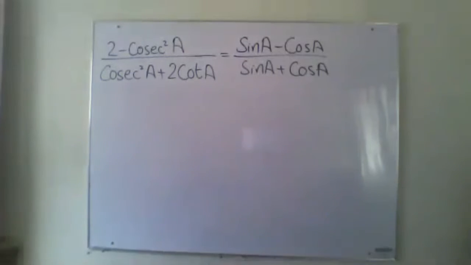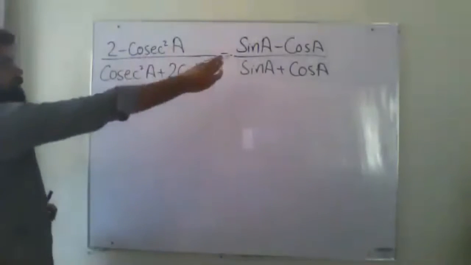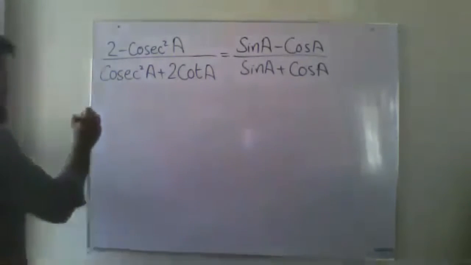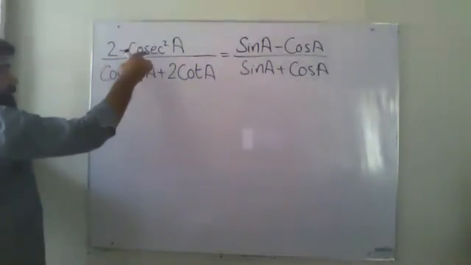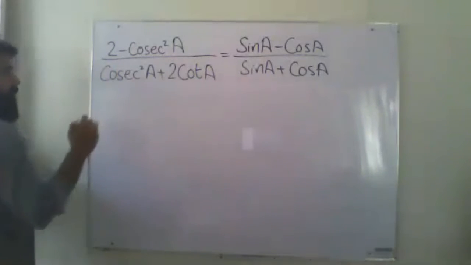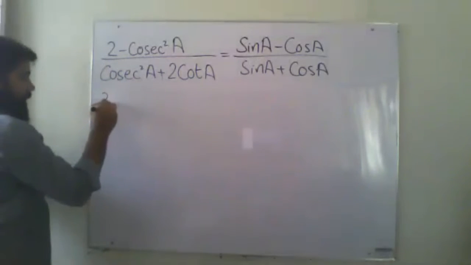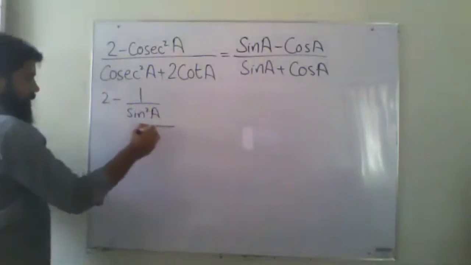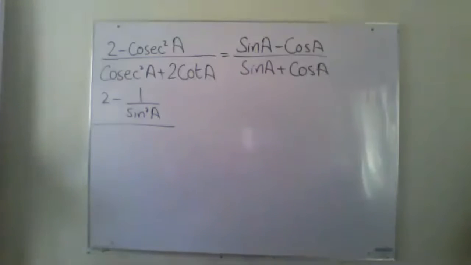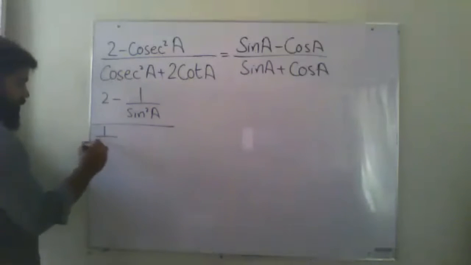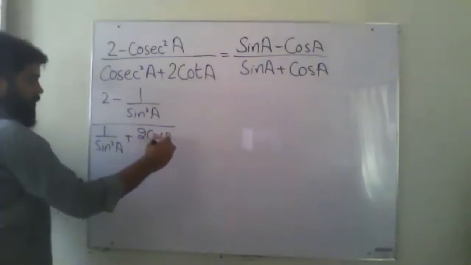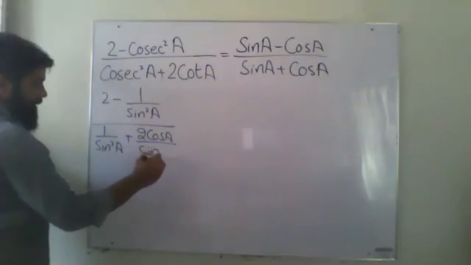First of all, this is cot square and over there everything is sine and cos. So first I am shifting this thing into sine and cos form. This will become 2 minus 1 over sine square A. Taking the other side, it will become 1 over sine square A plus 2 cos A over sine.